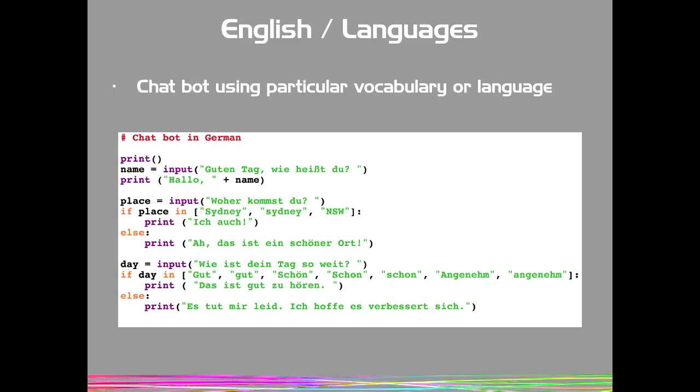A chatbot is a simple thing that beginner coders often learn to make. So why not make a chatbot which will talk to you in another language that you're studying at school? Or once again, use a list of certain words, certain vocabulary that students are working on at the moment.